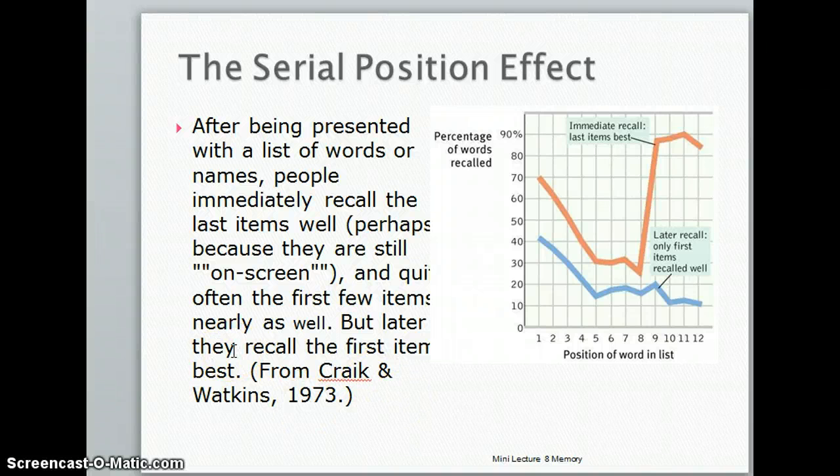The serial position effect says that the position in the series or in the long list in which the words appear determines which ones we're more or less likely to remember later on. So for example, words at the beginning of the list as well as at the end of the list tend to be remembered more readily than words that get lost in the middle.